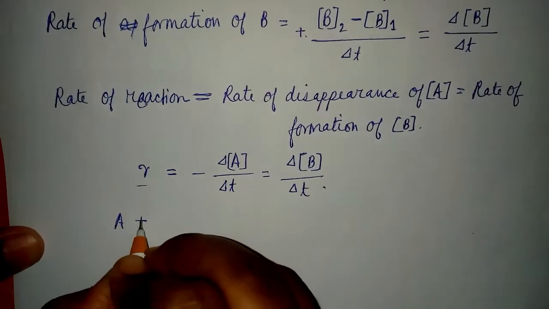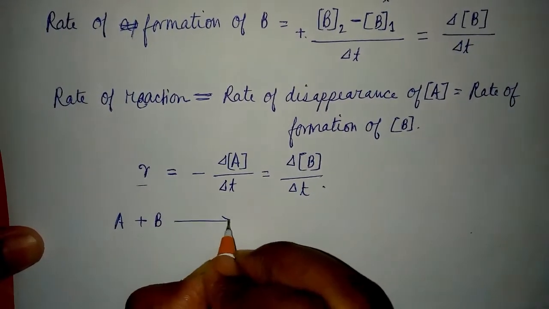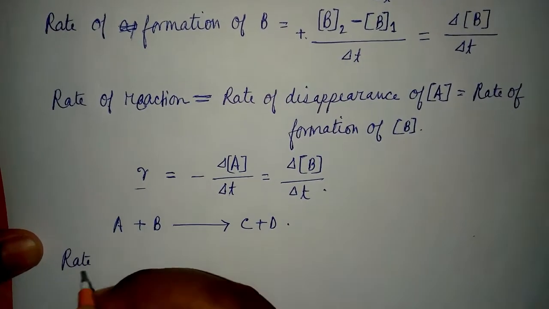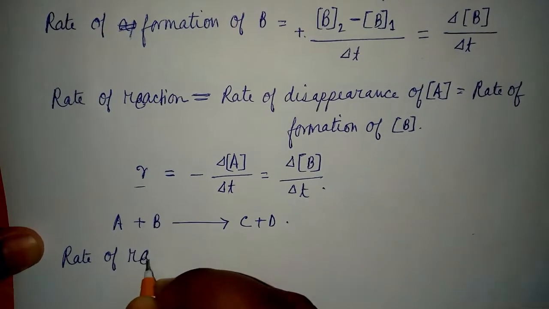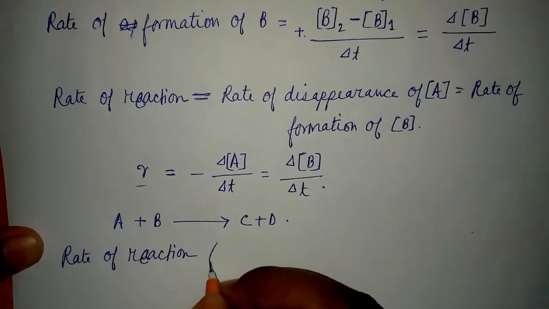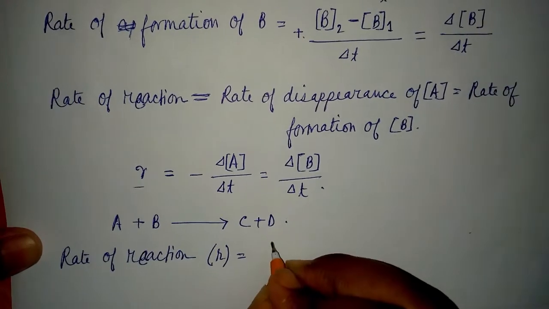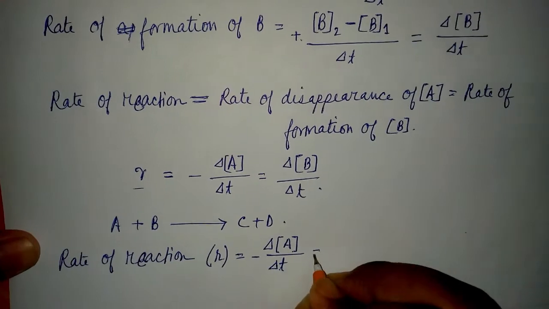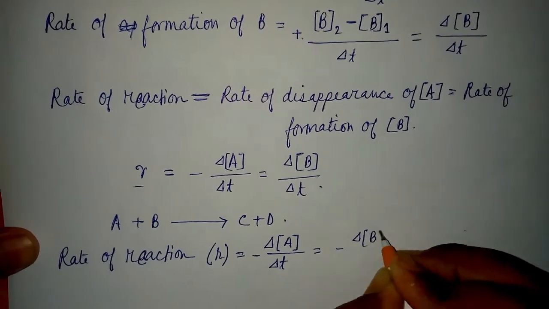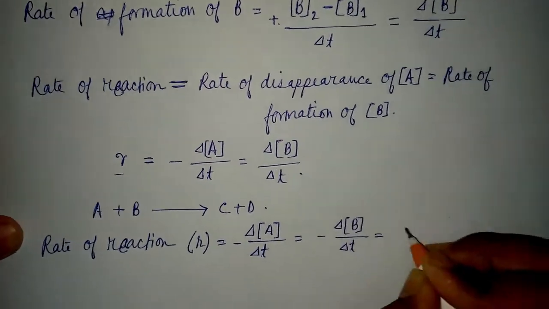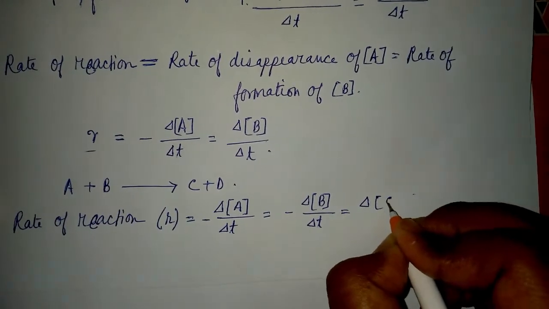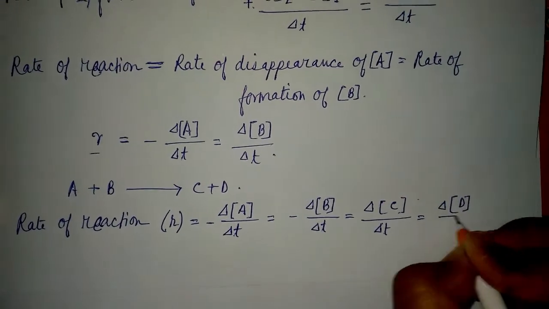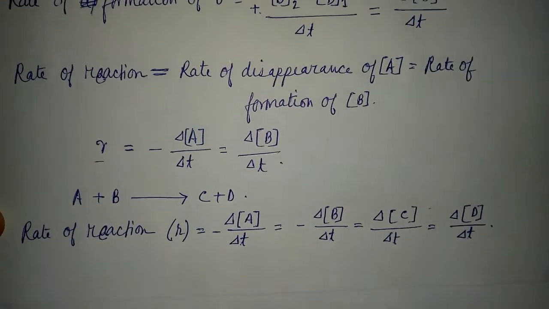Practical example: suppose A plus B, being the reactants, react to produce C plus D. For this reaction, the rate of reaction R is minus delta A by delta t, which is equal to minus delta B by delta t, which is equal to delta C by delta t and delta concentration of D by delta t.